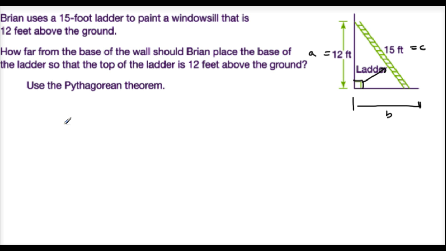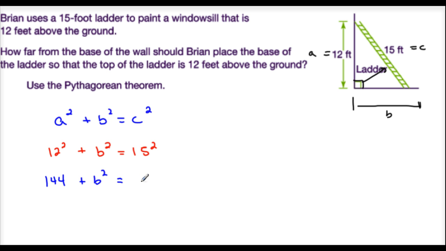So then I have A squared plus B squared equals C squared using my Pythagorean theorem. I know that A is 12, so 12 squared plus B squared, which is missing, equals 15 squared. 12 squared is 144, plus B squared equals 15 squared, 225. Solving for B squared, subtract 144 from both sides.